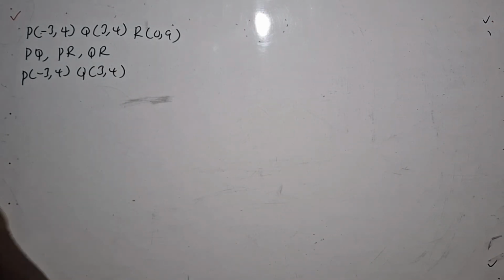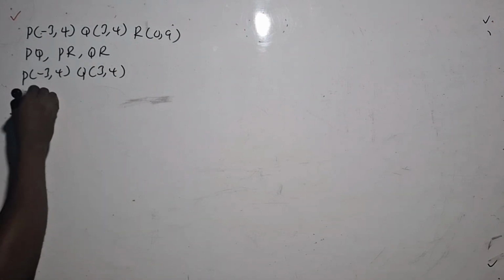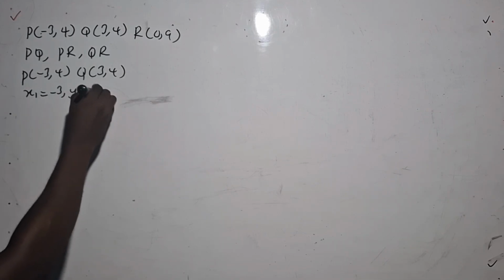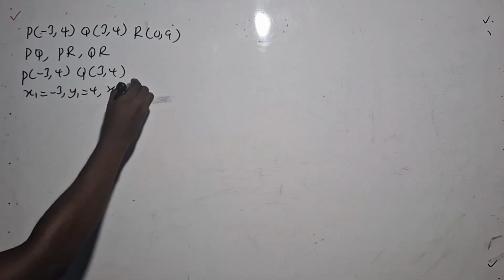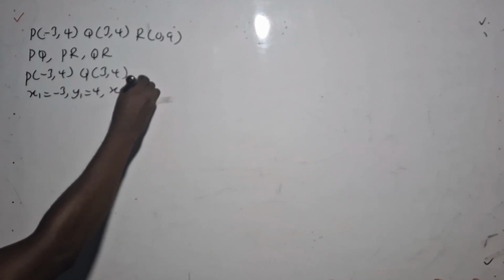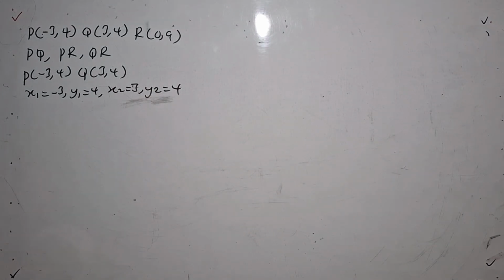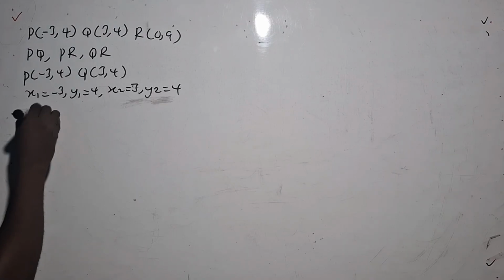With this, we know that x1 is negative 3, y1 is 4, x2 is 3, y2 is 4.